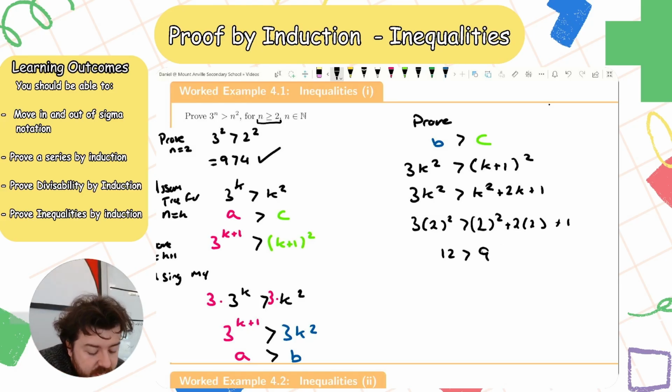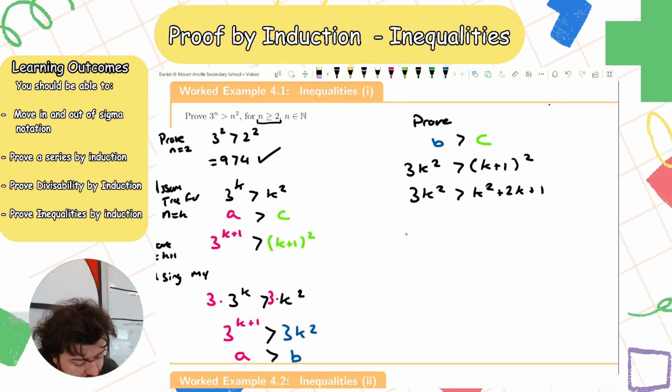And therefore, this is always going to be true for n greater than or equal to 2 because I have a k squared here, but I'm just multiplying it by 3, and then I have a 2k and then a plus 1. So anything greater than 2 will work.